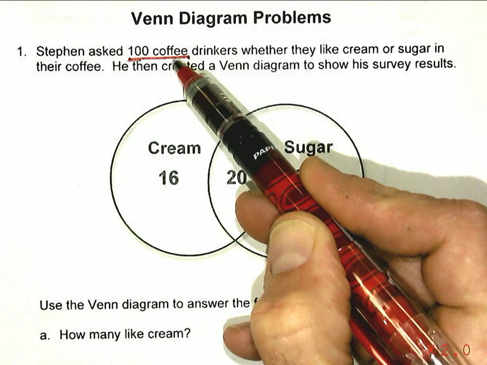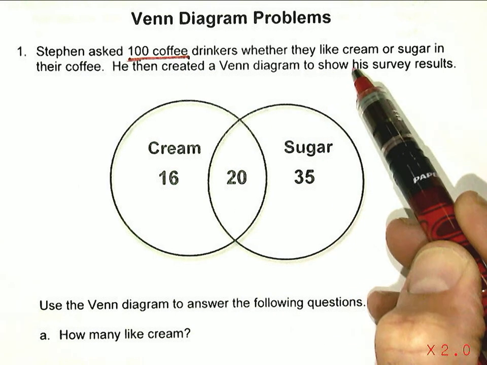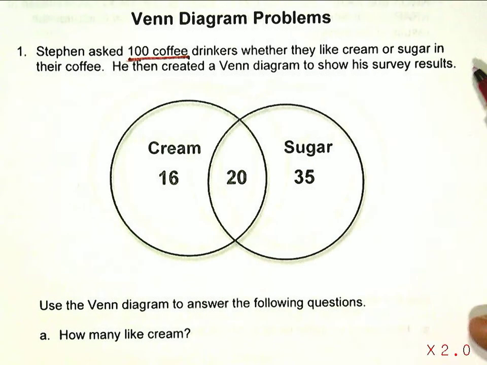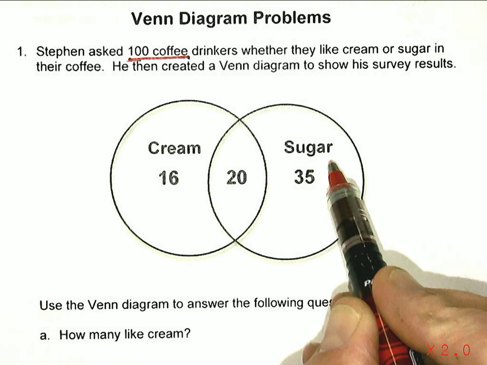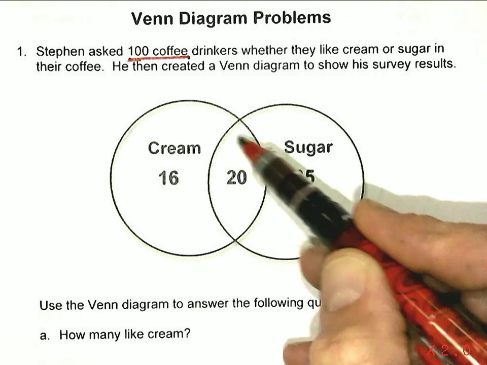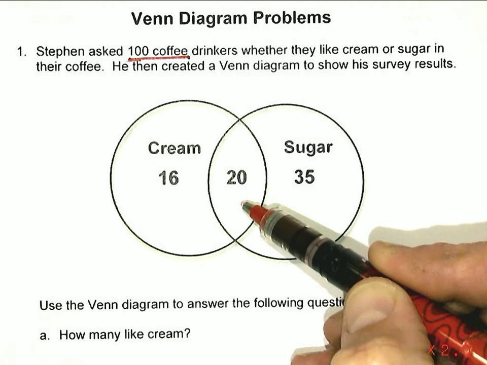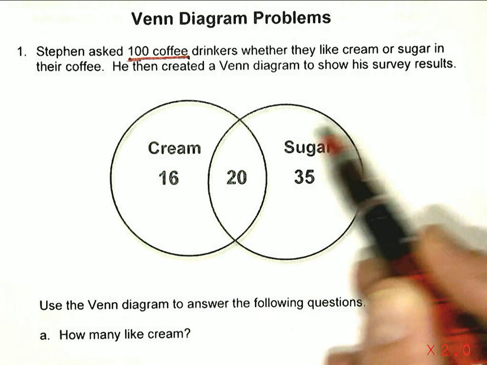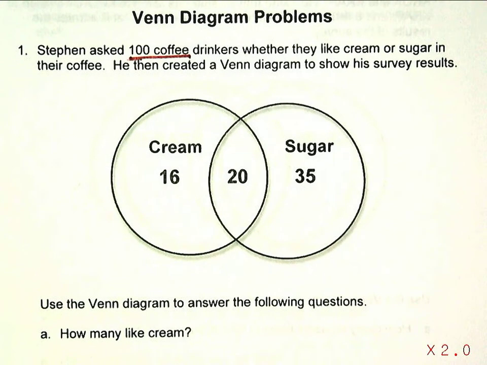But it's still important to understand you start with 100 people and whether they like cream or sugar in their coffee. So that's why we have one side that represents cream, one side that represents sugar, and then a part overlapping in the middle that we're going to talk about in just a minute. This Venn diagram gives us the results of this survey, and then we're going to try to make some sense out of it with some different questions that are asked.